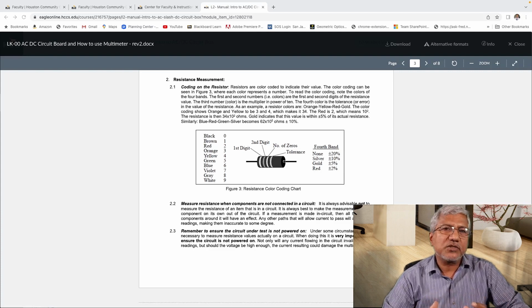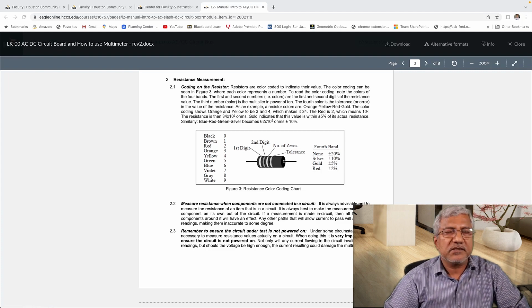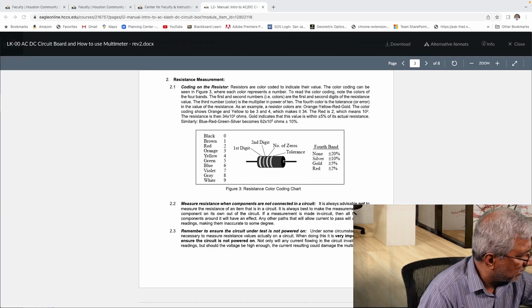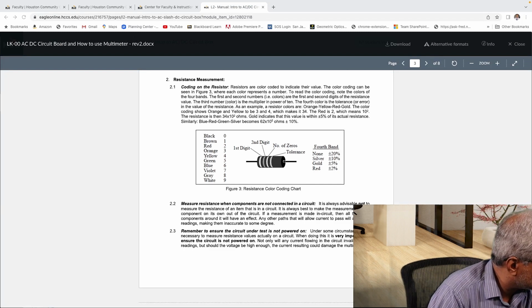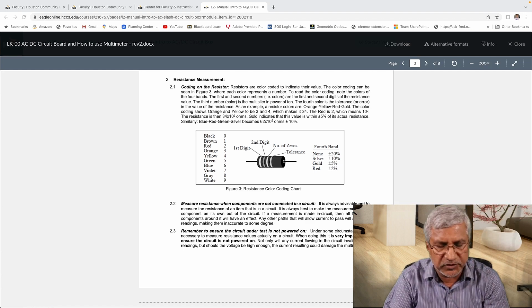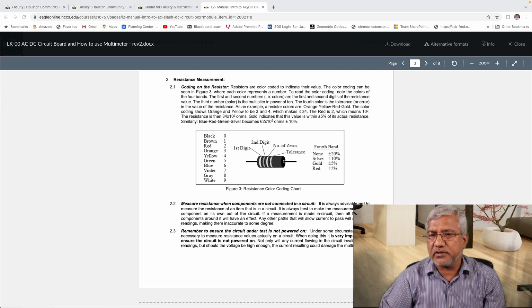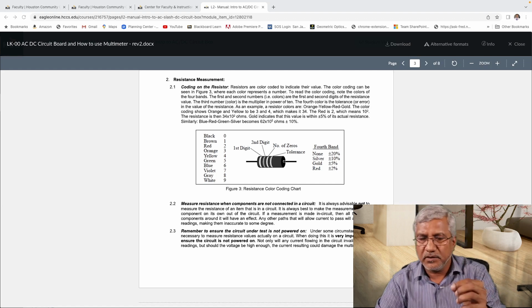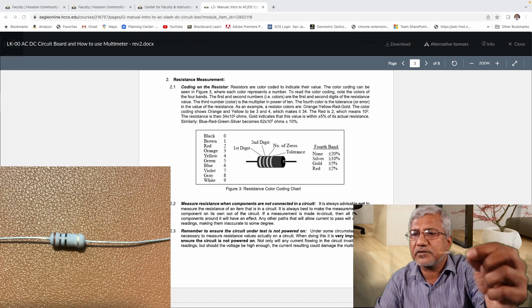Now, when it comes to measurement of resistances, you see the color coding on the resistor, which actually gives you the measure of the resistance. So, for example, I have a resistor with me.